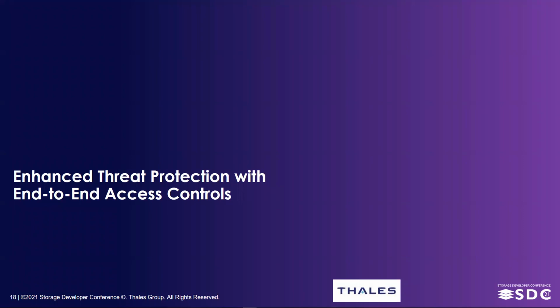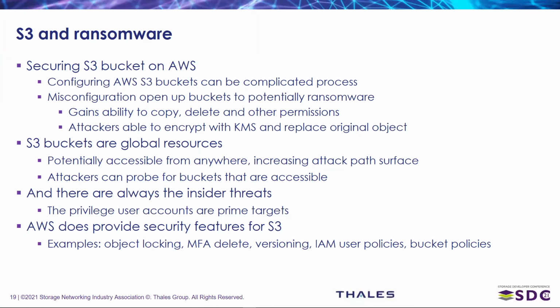So basically, we are armed with encryption and this end-to-end access control. How can these enhanced features help me against threats? Let's look at S3 and ransomware. AWS configuration can be difficult, and misconfiguration is a leading cause of leakage and potential attacks, as we mentioned.